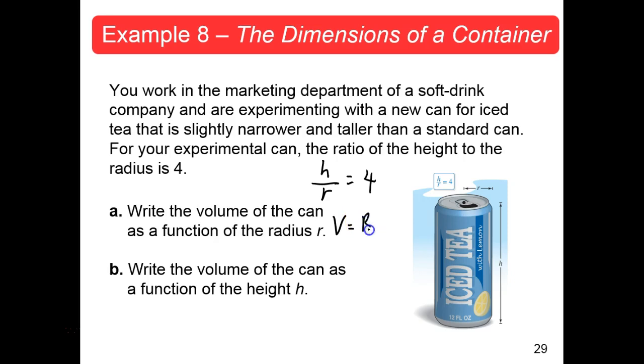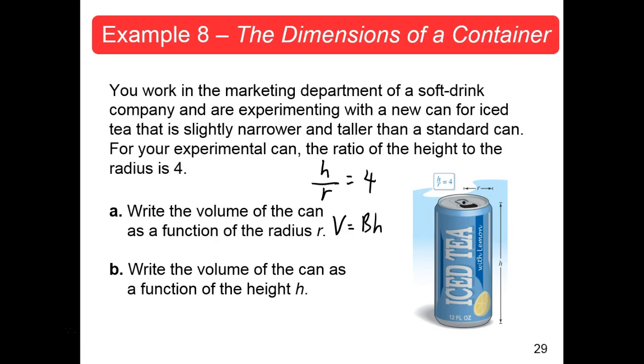It's the base times the height. When I write a capital B there for base, that actually means the area of the base times the height. Does anyone know what the base of a right circular can is? A circle. That's what the base is, a circle.